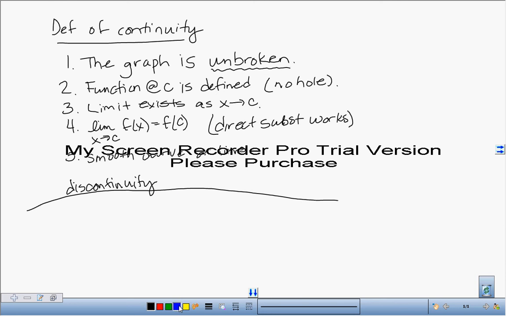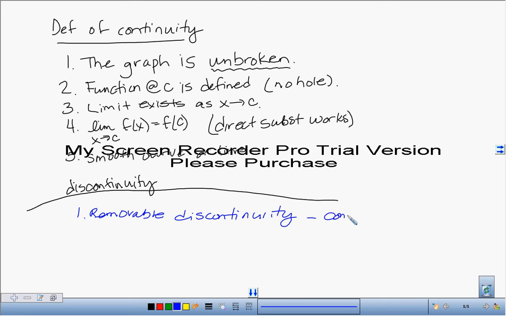I'm going to change colors here on you. Okay, so in that next box where it says definition of discontinuity, the first one is removable discontinuity. Whoa, I can't spell. Okay.